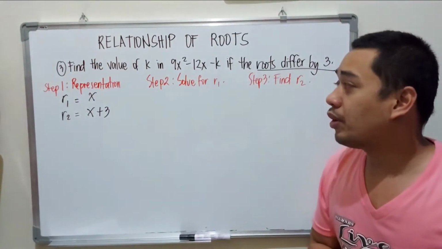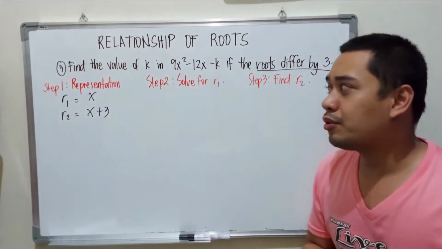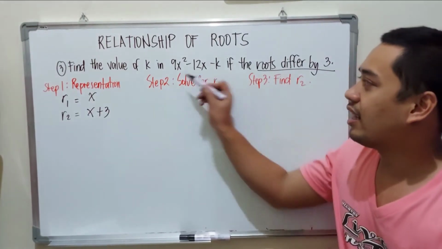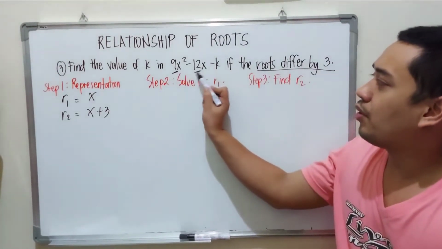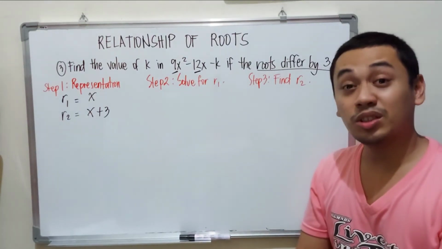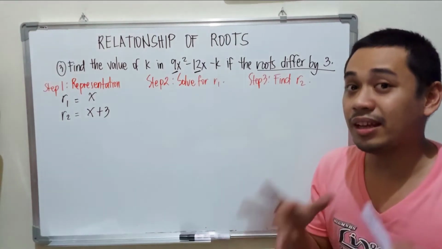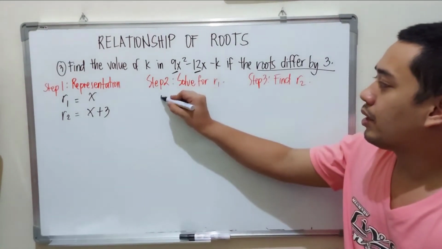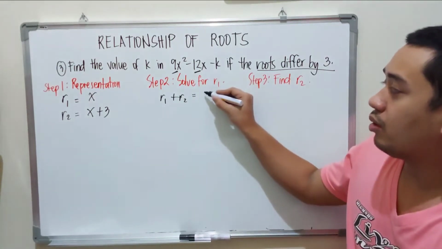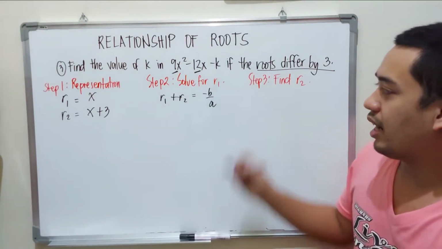Step 2, solve for R1. Ano ba yung mag-entail doon sa relationship of roots natin na may involve na yung mga given natin na A and B? Diba yung sum, yung gagamit ng B and A. So we have R1 plus R2 is equal to negative B over A.